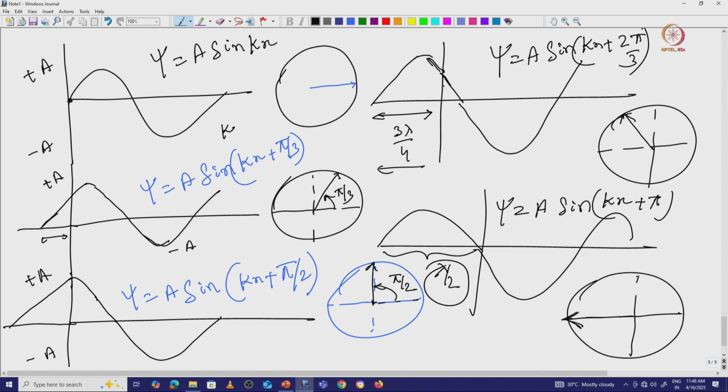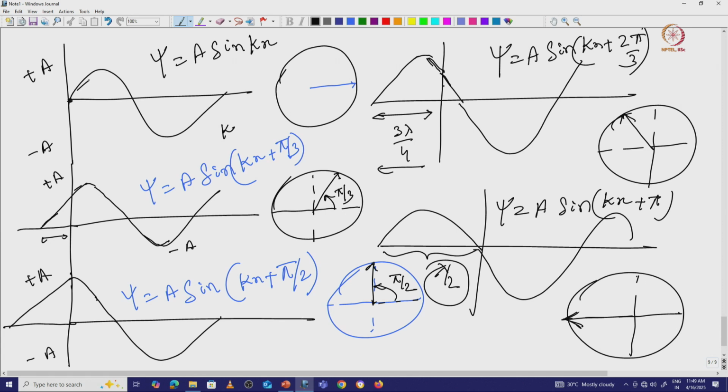So, if the path length difference is lambda by 2, we can always see that there is a phase difference and they will not be in phase. In the rest of the cases there is a phase difference, but still they are in the same phase.